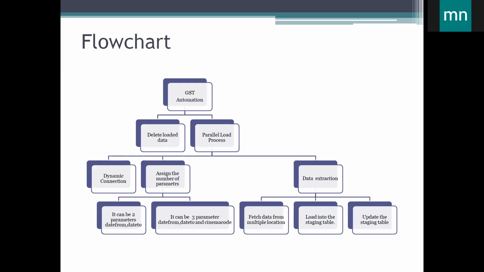Flow chart, GST automation. In GST automation, we first delete the previously loaded data, then we load the current data by the process of parallel loading.